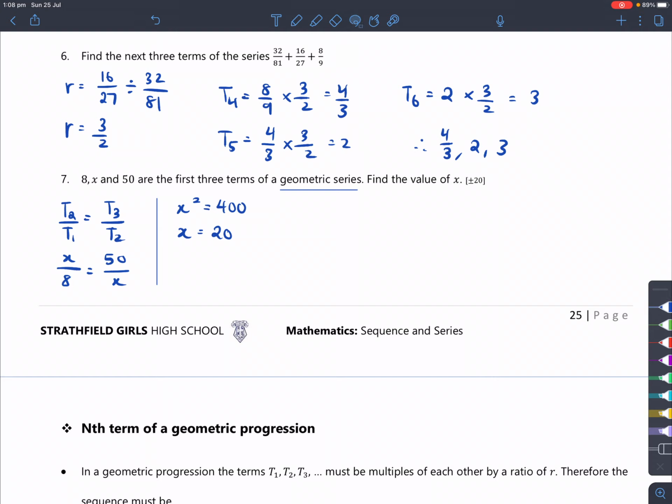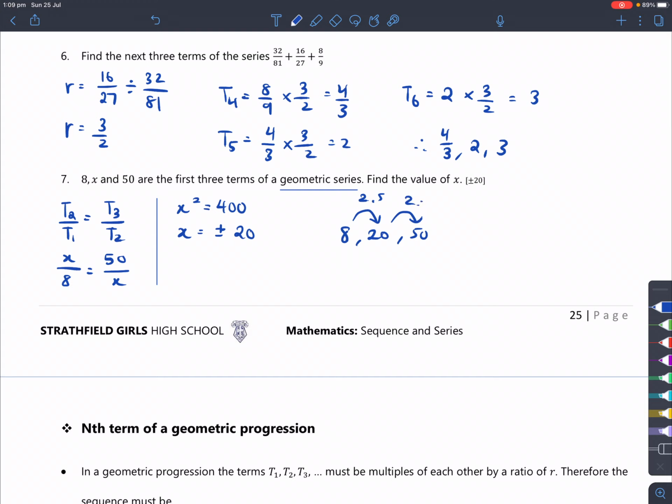But the thing is, we can write a plus minus sign here, because when you square root a line that says x squared equals 400, you have to write that. And that makes sense because if you have the first 3 terms being 8, 20, then 50, and the ratio in this case, let me just double check, is 2.5.